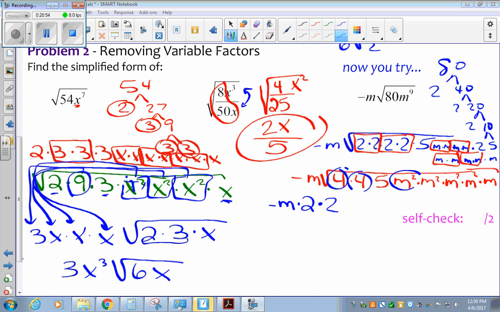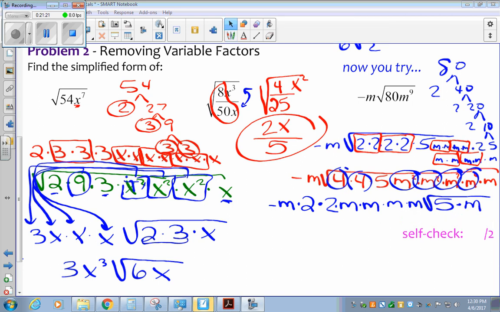Square root of m squared is m, and again, and again, and again. Everything that didn't get circled in blue stays inside my square root. So that's 5 times m underneath the square root.